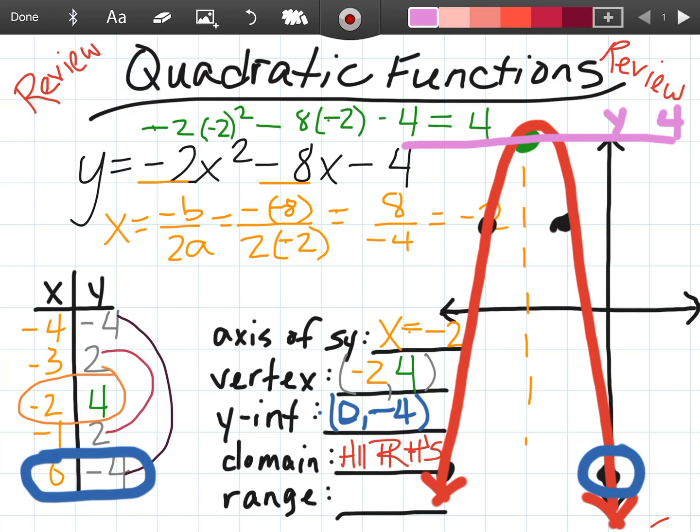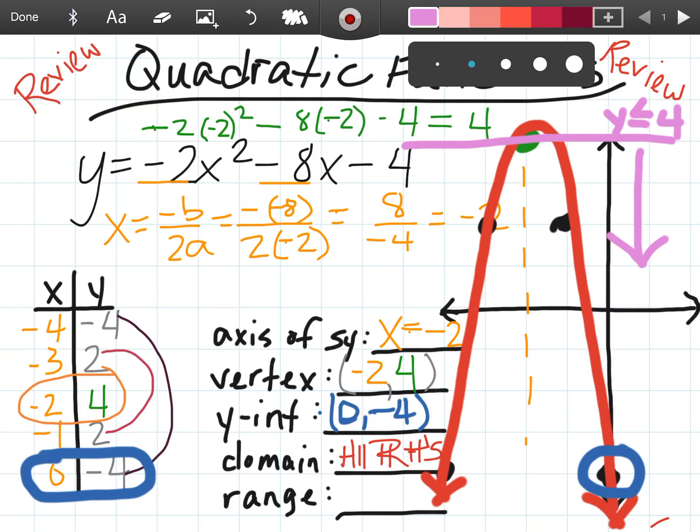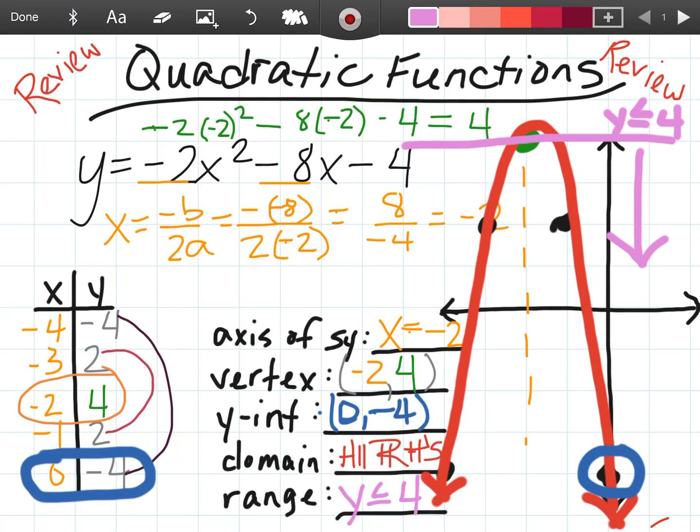Okay, and then your function. You need to think about, does your function from y equals 4 go up or does it go down? And we can clearly see that it goes down. So the inequality that we use to show down is going to be less than or equal to. Okay, so down here, my range is y is less than or equal to 4.